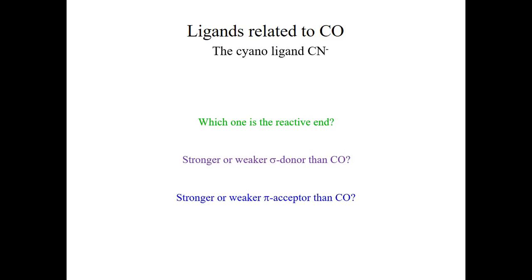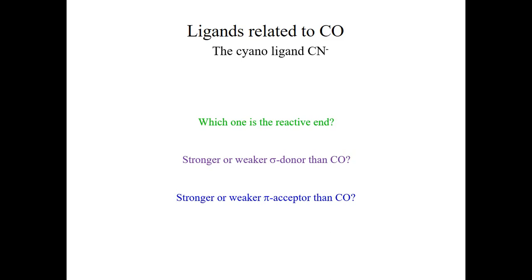We can also ask, do we have a stronger or weaker pi acceptor? By similar arguments, we would expect that this molecule is a weaker acceptor because it's already negatively charged, so it has less tendency to pi accept electrons.